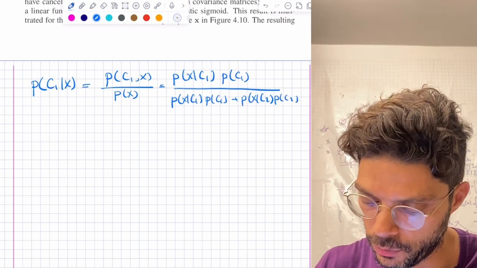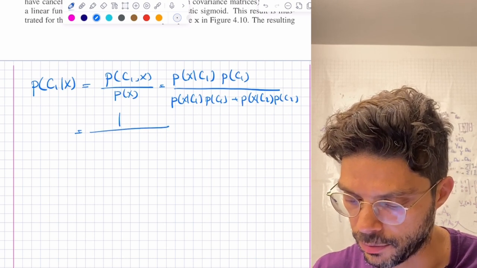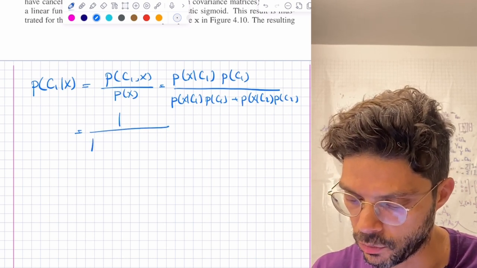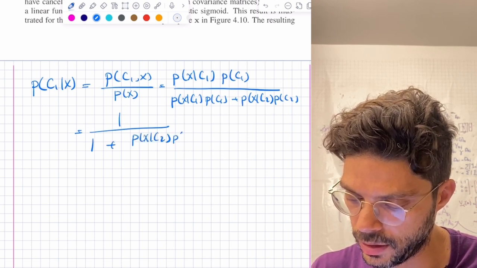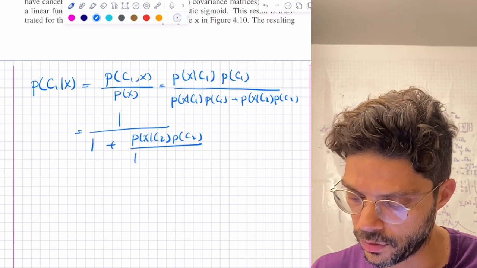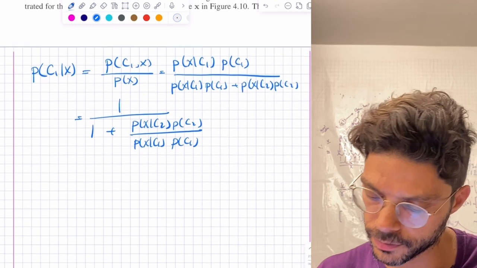Then we'll divide out by the top, the joint probability. So it's going to be 1 plus P of x given C2 times P of C2, over P of x given C1 times P of C1.